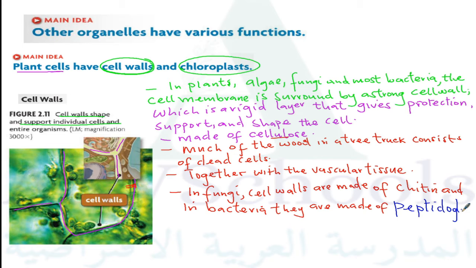So we have peptidoglycan in bacteria, chitin in fungi, and cellulose normally found in plants and algae.